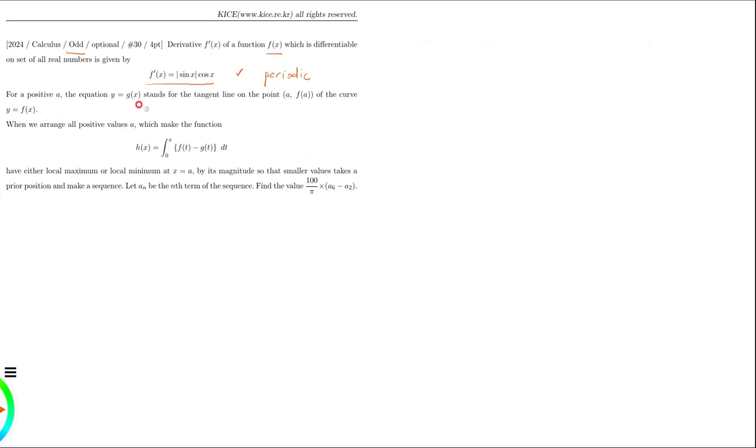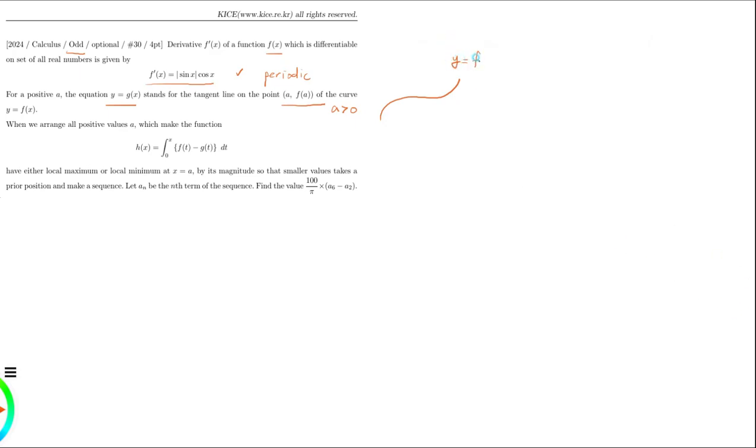And then another function introduced here is a tangent line at a specific point, positive x coordinate, let's say a.